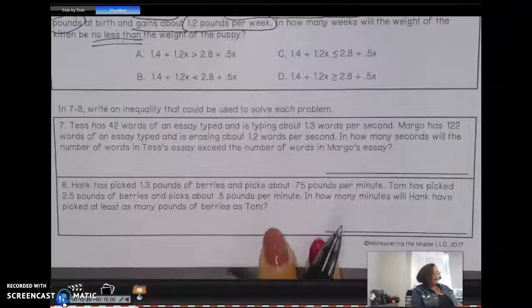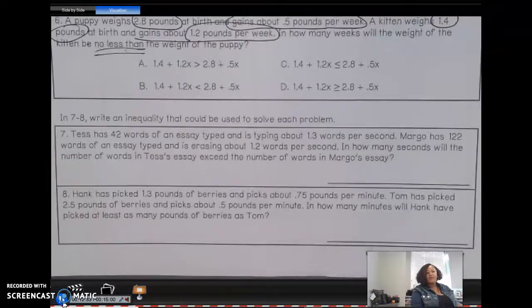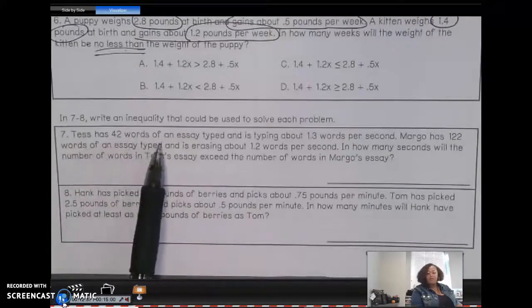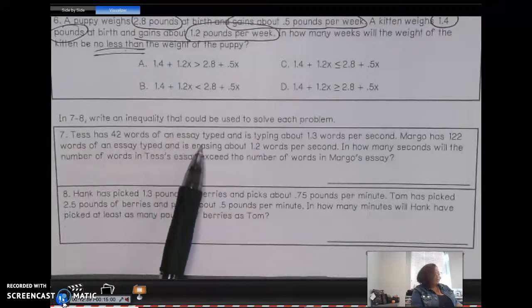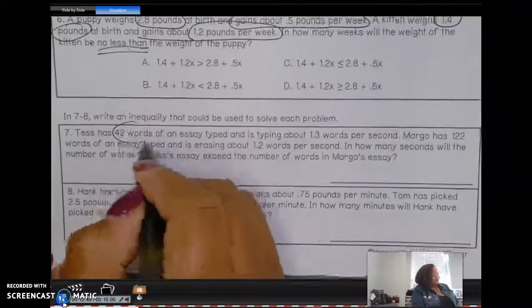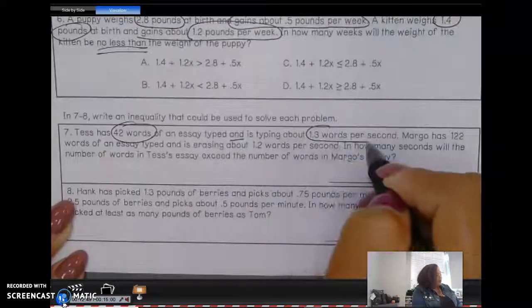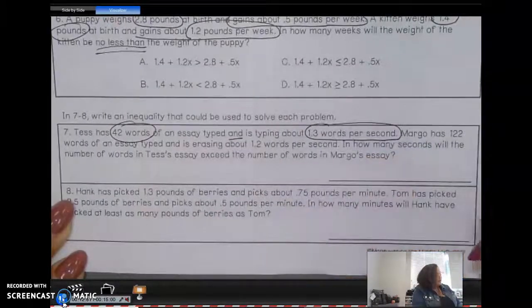7 and 8. Write an inequality that can be used to solve each problem. So for this one, Tess has 42 words of an essay. This is where she starts. That's her constant. And she's typing about 1.3 words per second.